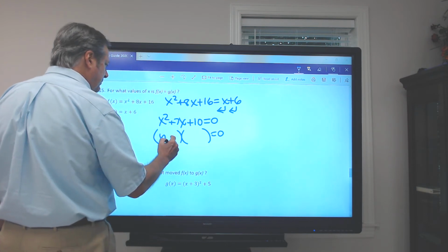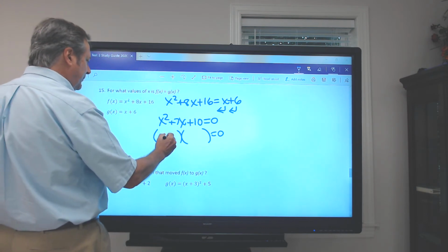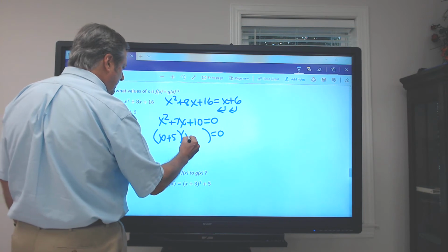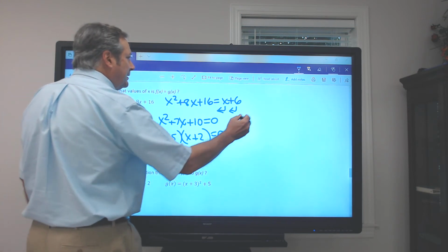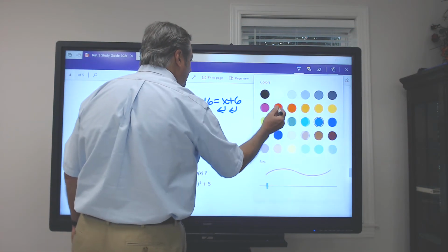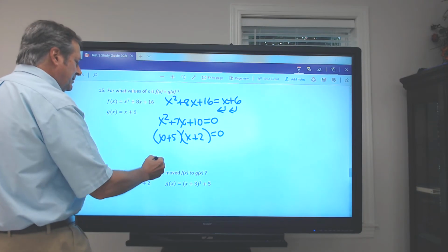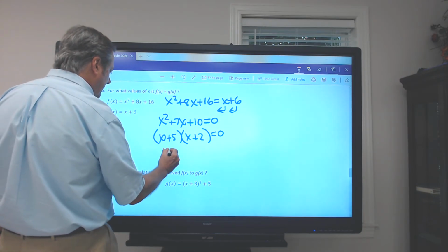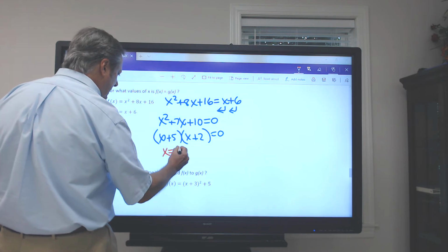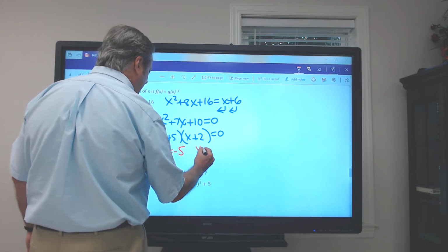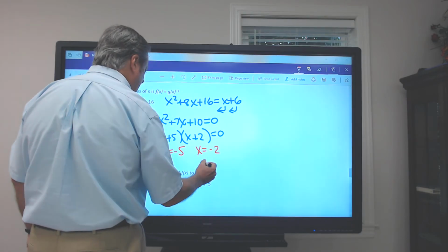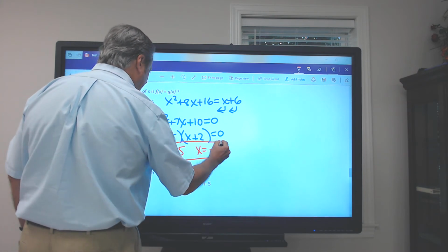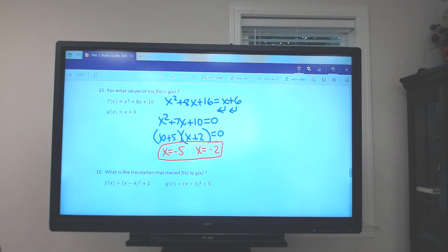You got two numbers that multiply to get 10, that add to get 7: x plus 5, x plus 2. Then we use the zero product property and we set each of those equal to 0. So in this case, x is negative 5, and in this case, x is negative 2. And those are the two answers for the x values.